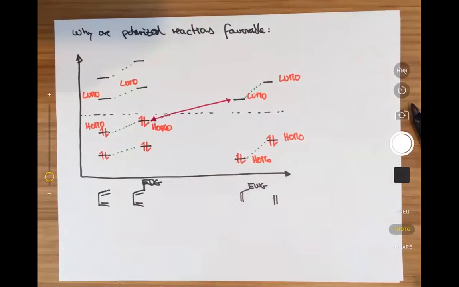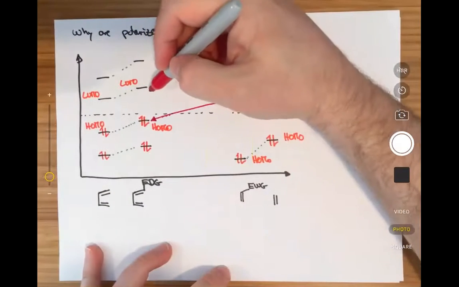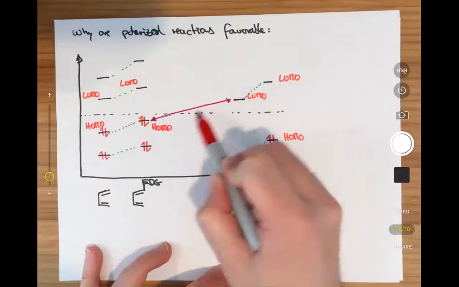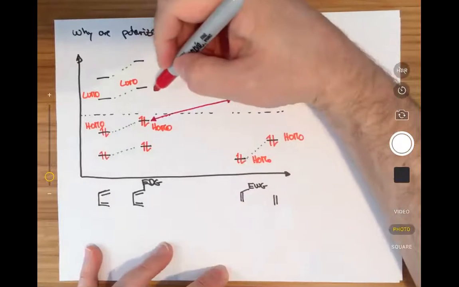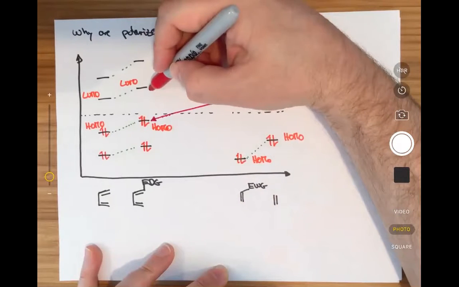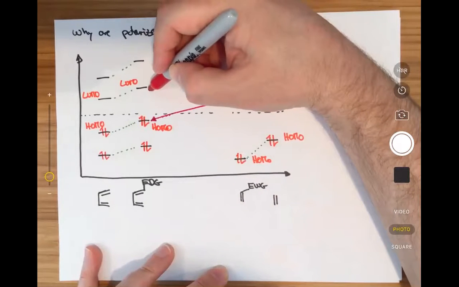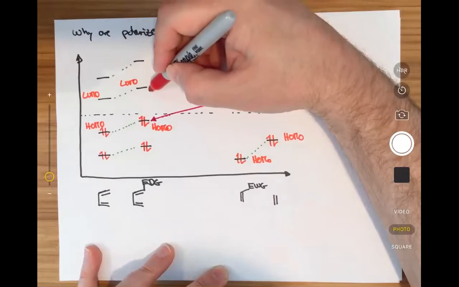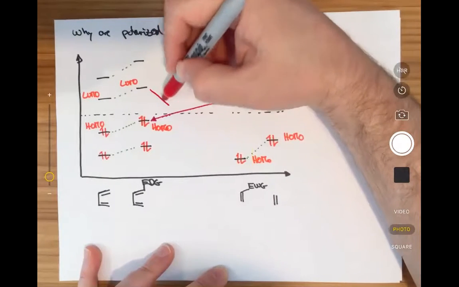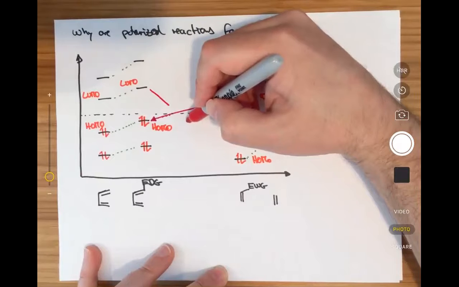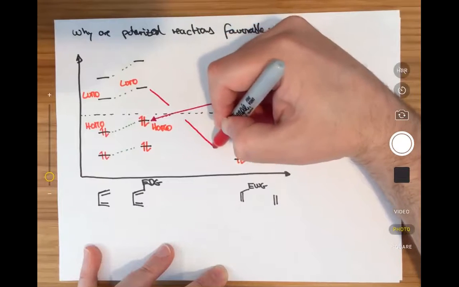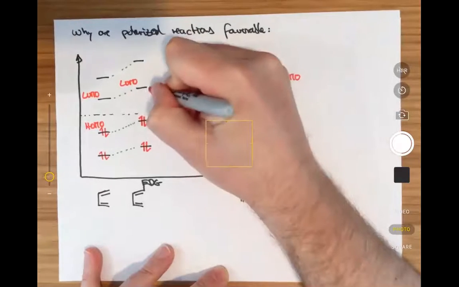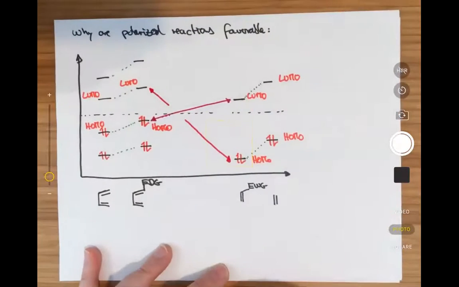Now, this is a better interaction between these orbitals, and that facilitates the bond formation. The other possible interaction, where you react the lowest unoccupied molecular orbital of the diene with the highest occupied molecular orbital of the dienophile, this distance between these orbitals increases. So this becomes less favorable, right?